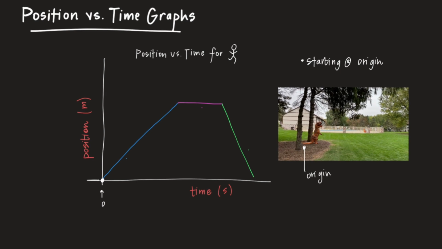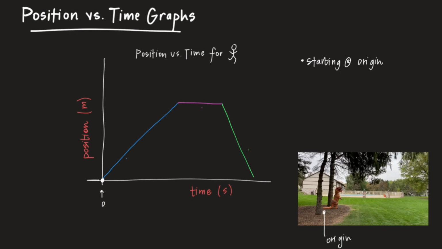So let me move that, make it a little smaller. So our object is starting at the origin, and what is it doing after that? We notice that as time increases, our position is increasing as well at the start. We've got a positive linear relationship, which, if you remember, is telling us that our person is walking away from the origin at a constant positive rate.